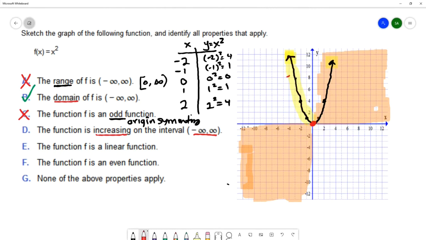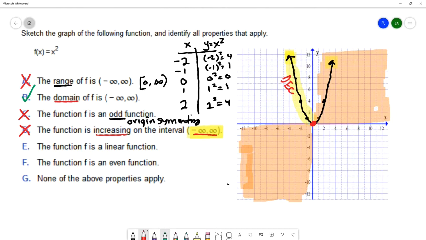So it is decreasing along this section. And this statement says it is increasing from -infinity to infinity. That would be over the whole domain. So since this function is decreasing on a portion of the graph, it can't be increasing on the whole domain. So we would not select this property.